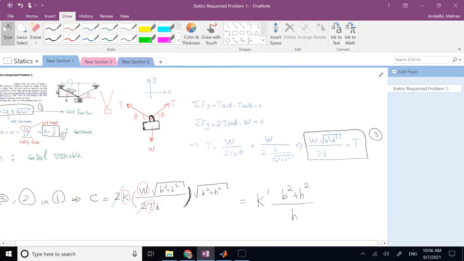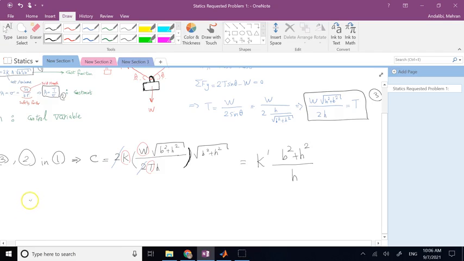I could easily replace. And now all I need is to take the derivative of C with respect to h. It's a ratio. And by the way, this K prime has no effect in the derivative. We can just bring it out. It's going to be the derivative of the numerator, which is 2h, times the denominator, minus the derivative of the denominator, which is 1, times the numerator, divided by the denominator squared.